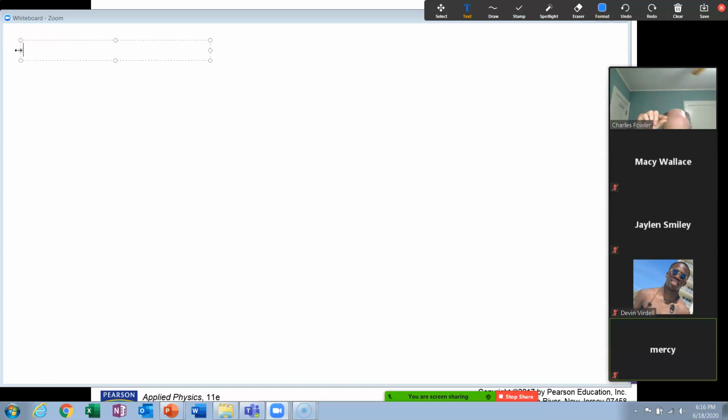If you were to slice that dime, this is just rough, into around 3,000 slices, okay? That thickness of the dime, slice it into 3,000 slices.